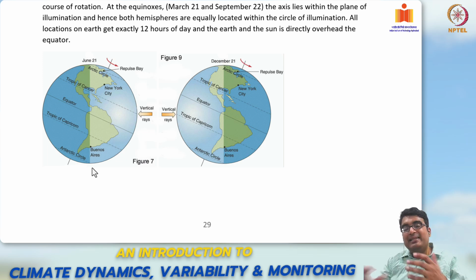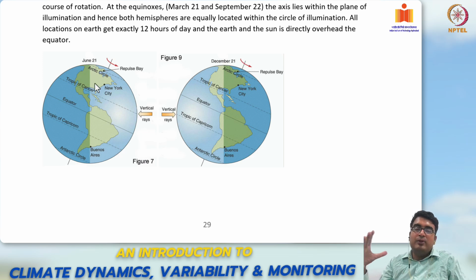So what we see in the summer solstice and in general during the summer period, when the axis makes an angle of plus 23.45 degrees with respect to the circle of illumination, or an angle between 0 and plus 23.45 degrees, you will have the summer period where northern hemisphere locations will have longer day times and shorter night times, and southern hemisphere locations will have longer night times and shorter day times.